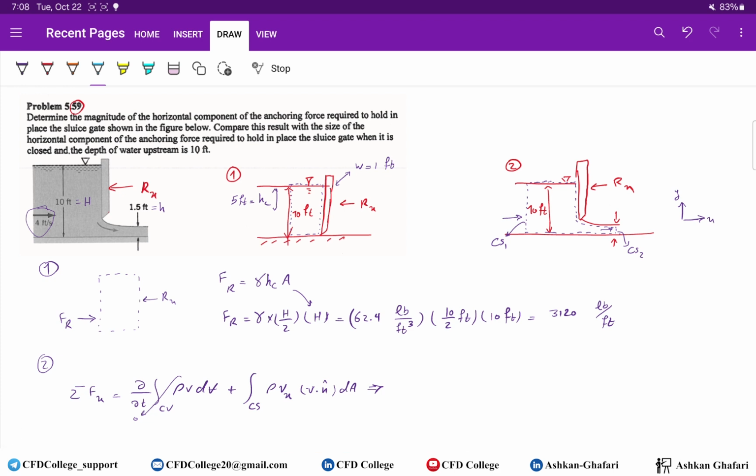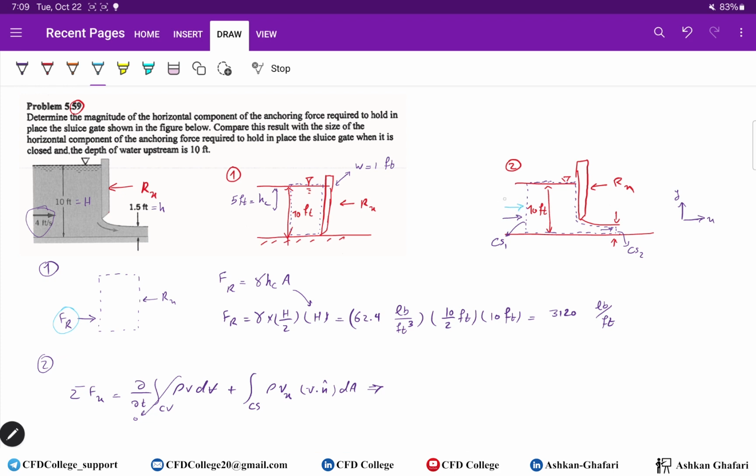We don't need to consider the friction, it's obvious, but what else we have is the pressure or the force due to hydrostatic pressure, like what we had here, Fr, and we have it on both sides, at inlet and the outlet.